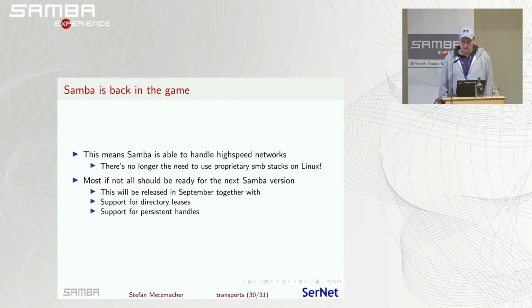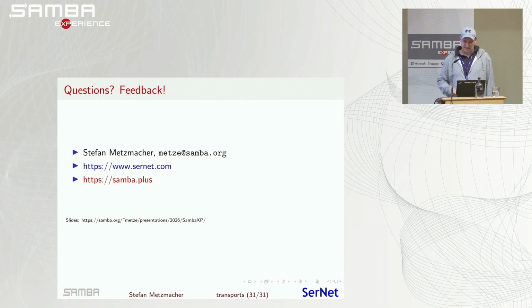And if everything goes well and as expected, we will have that in the next Samba release in September, together with direct releases and persistent handles. And I think that would be a good future for Samba, actually. And with that, I'm finished with my talk and open for questions.